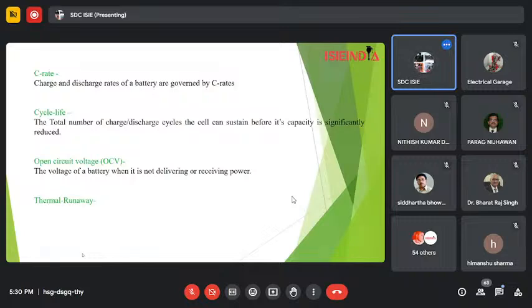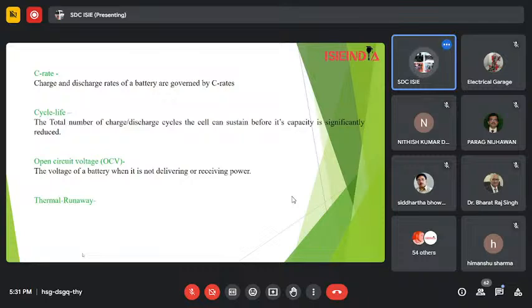OCV, open circuit voltage. Open circuit voltage is the voltage of the battery pack when we are not connecting any kind of load, or not giving any current or supply to that battery pack, like it's not delivering power or receiving power. So when we are counting that voltage, it's OCV.